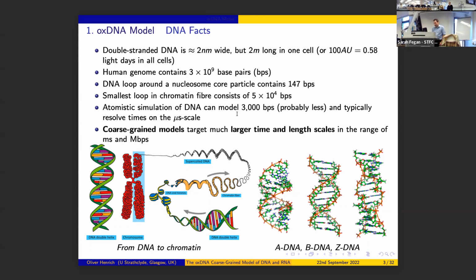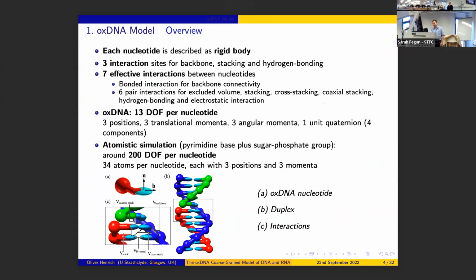So oxDNA is one of those efforts. I can cite a reviewer from our proposal, who said that the claim that it's the leading model is a justified one. The reason is that oxDNA has a few design features that really distinguish it from other coarse-grained models and have significant advantages, which is why the model has seen increasing take-up.